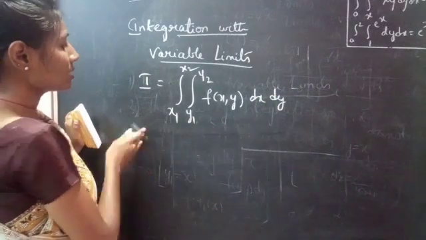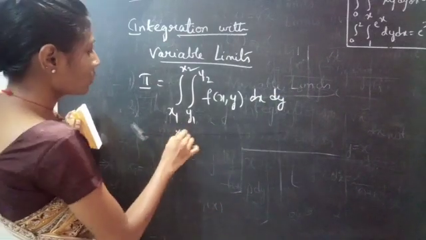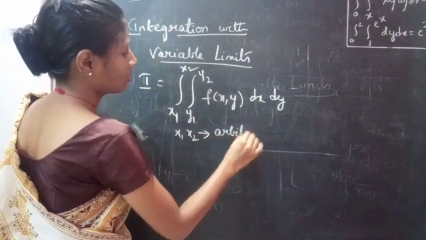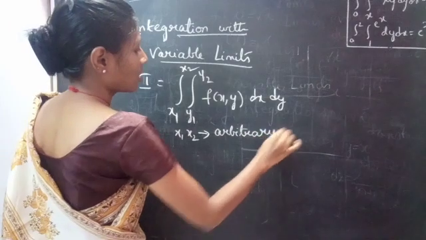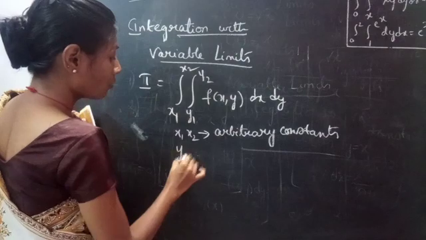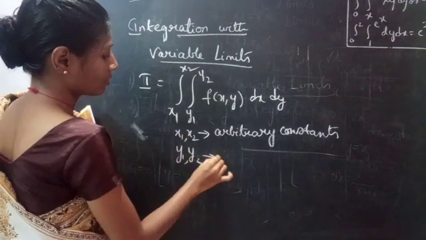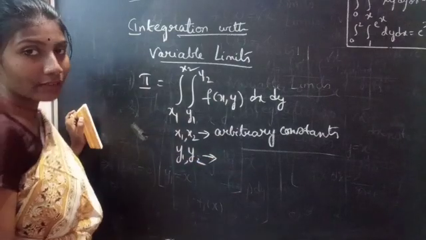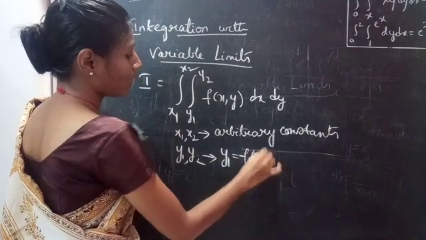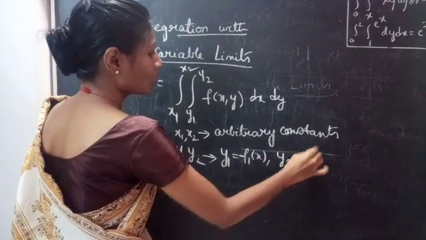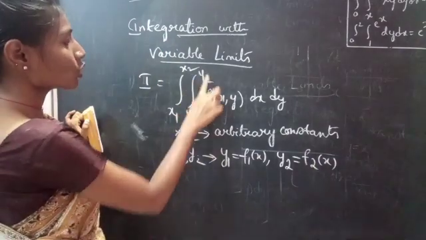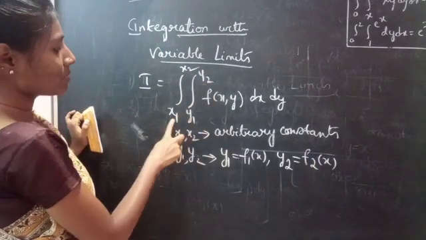If we consider this integral, x1, x2 are arbitrary constants, whereas y1 and y2 are functions of x. That is, y1 equals f1 of x and y2 equals f2 of x. So order of integration always depends on variable limits.